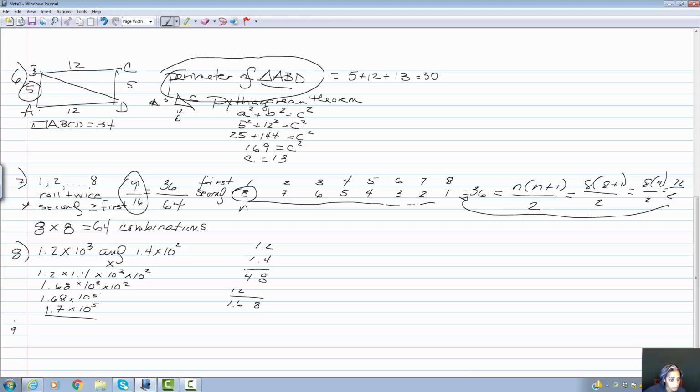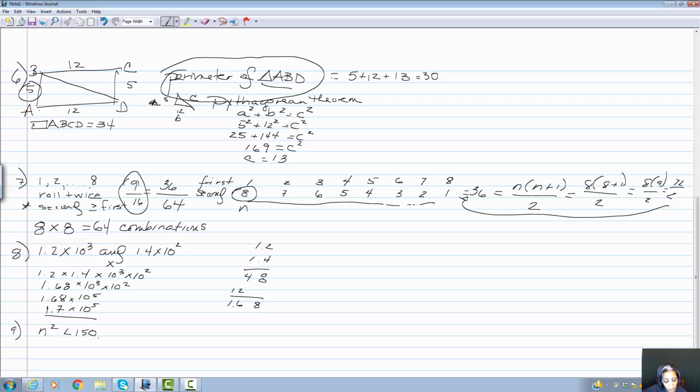Number 9. When the integer n is squared, the result is less than 150.